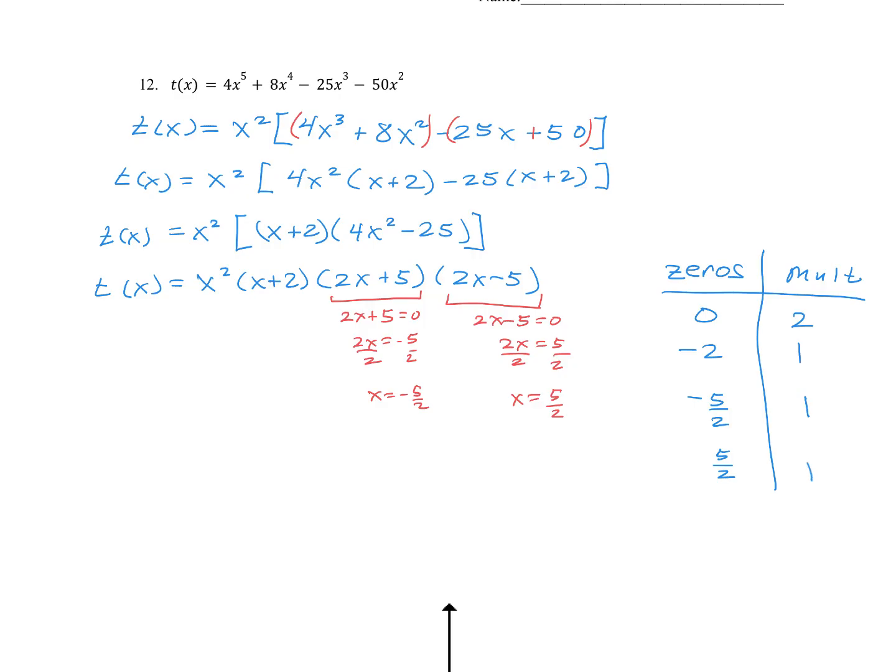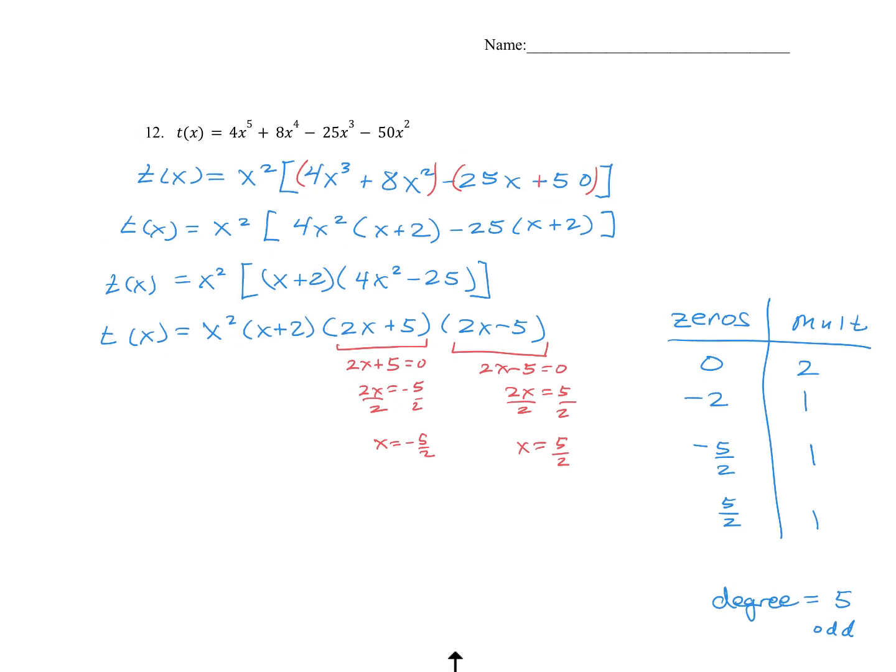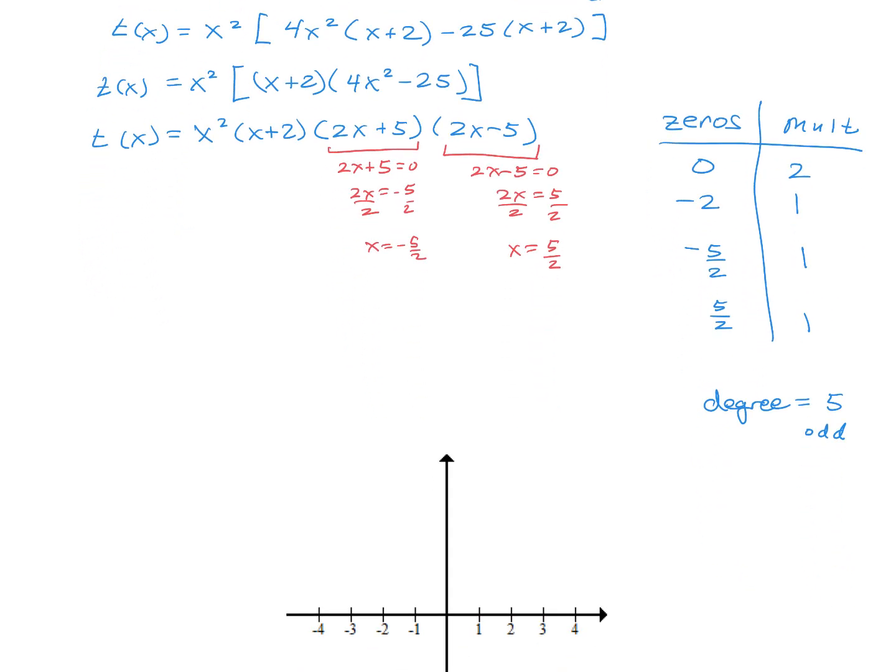Now, what's nice about this form, which is sometimes called the expanded form, is it is pretty obvious what my degree is. My degree has got to be 5, which we know is an odd number. We can also read off the leading coefficient without doing any work at all.